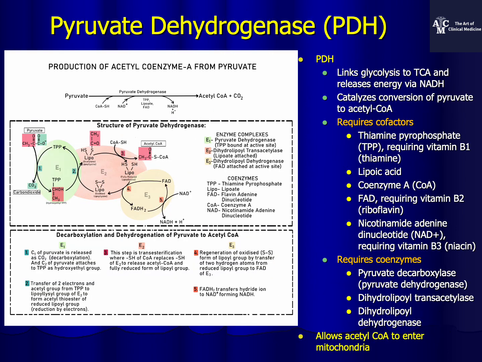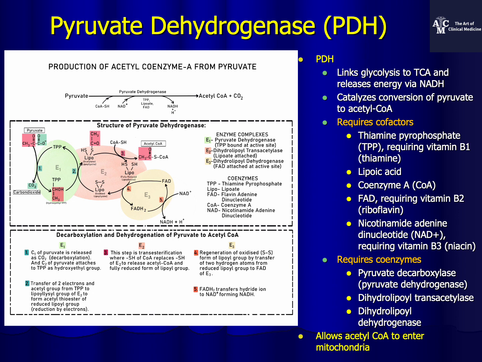So the first step is getting the pyruvate, the end product of glycolysis in the cytoplasm, into the mitochondria as acetyl-CoA. An enzyme known as pyruvate dehydrogenase catalyzes all of this. It requires multiple cofactors and some coenzymes to make it happen.